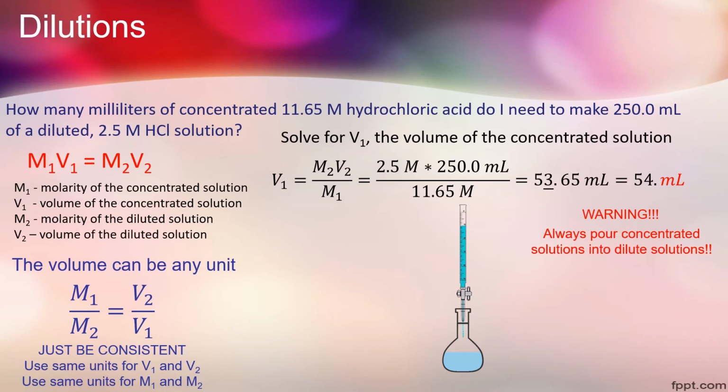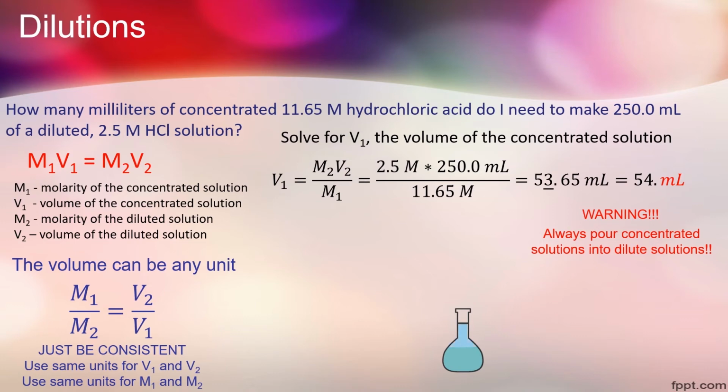So if we delivered the concentrated HCl to the volumetric flask first and then poured water into this HCl solution to dilute it, we would generate a bunch of heat and worse, HCl vapors. That would be bad. Continuing, once we put the 54 mL of concentrated solution into the flask, we would swirl the volumetric flask to help mix the solution a bit.